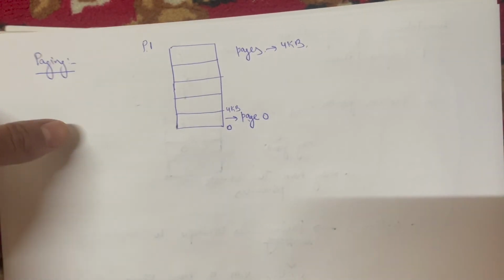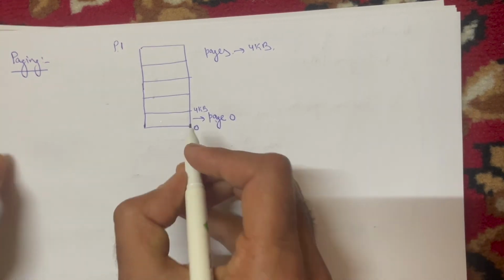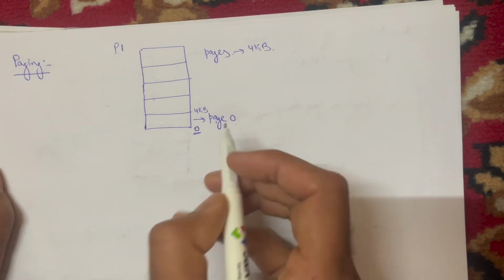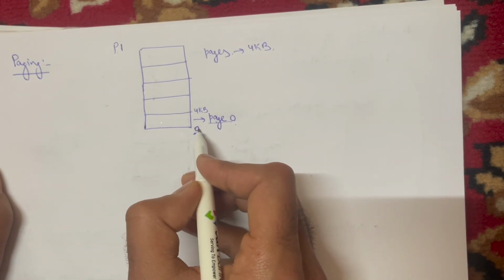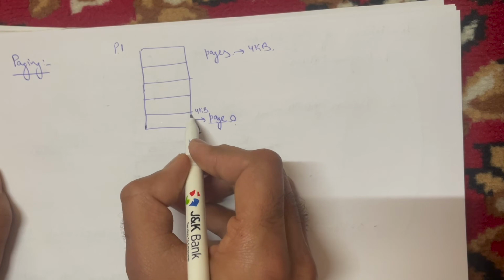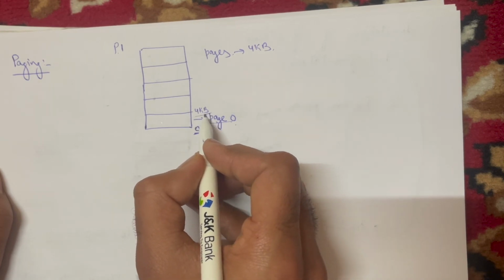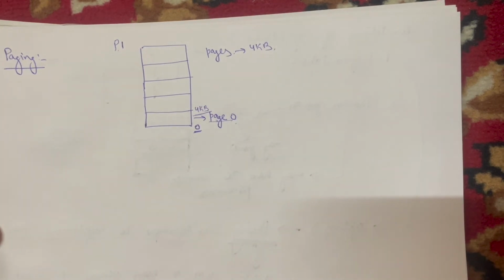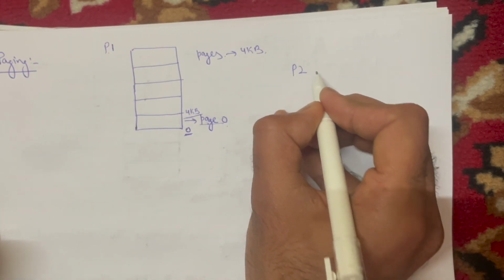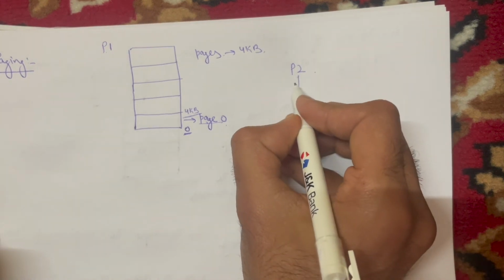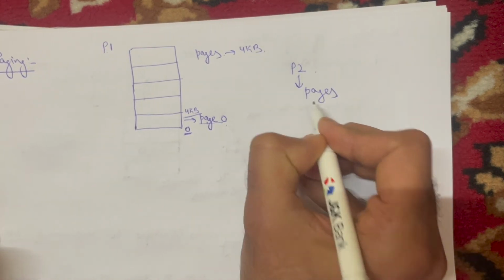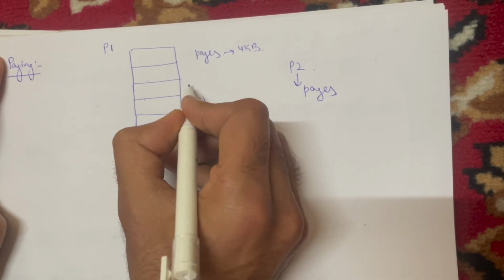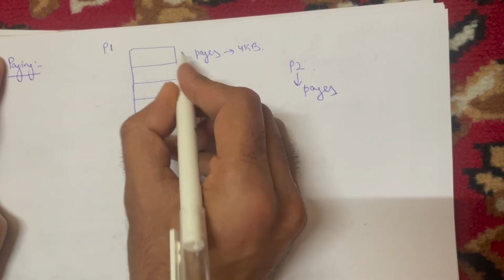Likewise for the other pages. This is the base address of page 0. Like in segmentation we had a base address, here also we will have base address 0. We don't have to store the limit. Why? Because for every page, the limit, or size, is 4 KB. Likewise, we do the same for P2. We divide it into pages: page 0, page 1, page 2, and so on.